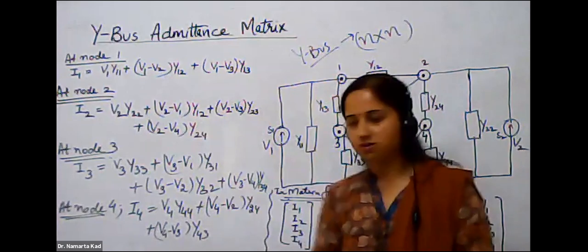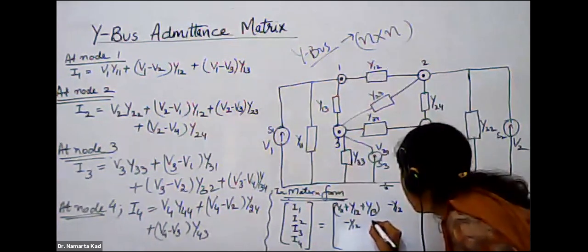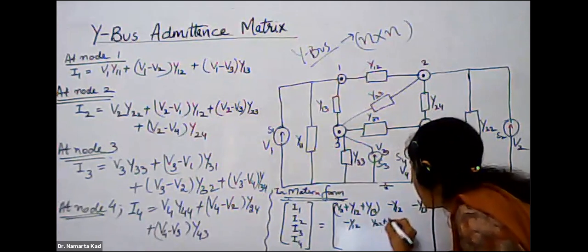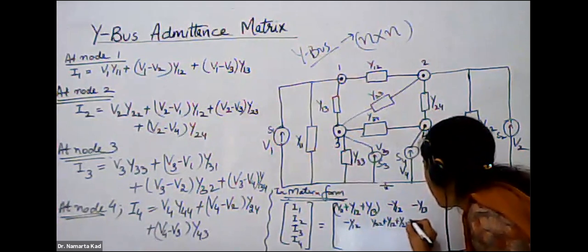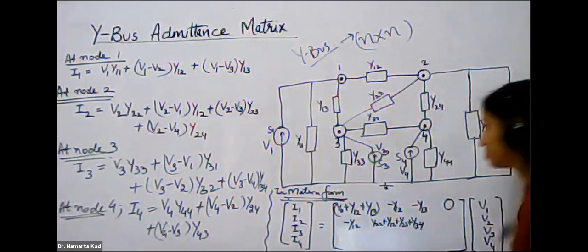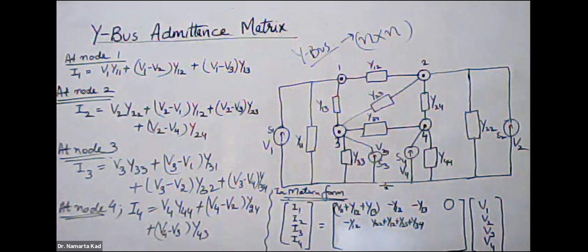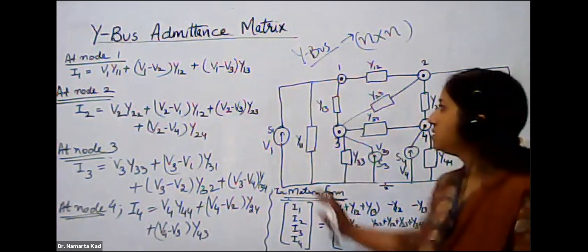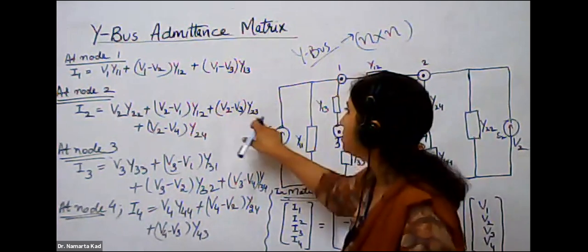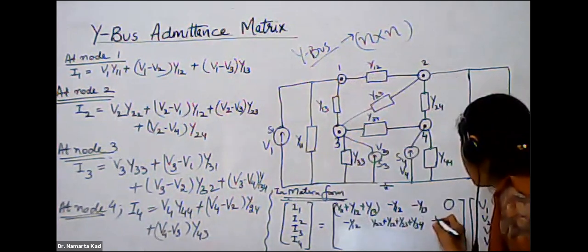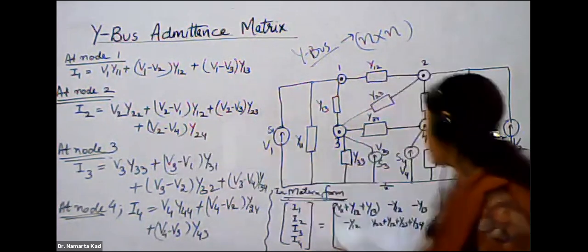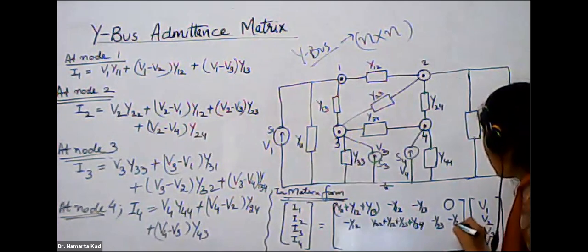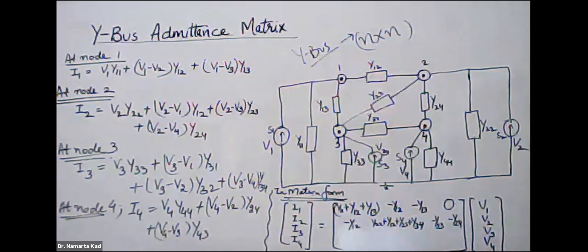There are 4 admittances. So it can be written like this, Y22 plus Y12 plus Y23 plus Y24, like this. Okay. So which admittance is associated with V3, that is minus Y23. Okay, and then with V4 it is minus Y24. So it can be written like this.